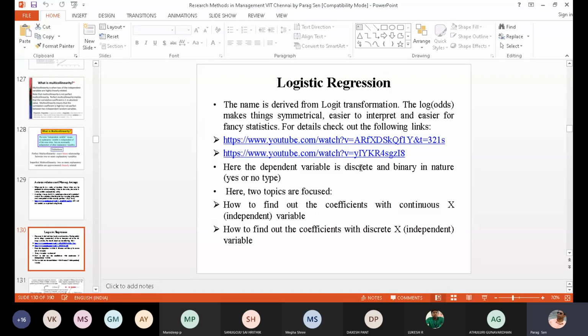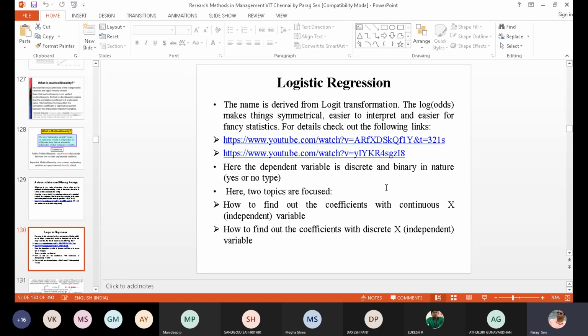Here the dependent variable is discrete and binary in nature, yes or no type, for example. Two topics are focused on here: how to find the coefficients with a continuous x or independent variable, and how to find the coefficients with a discrete x independent variable. So far, whatever we have discussed, the dependent variable has been continuous in nature.